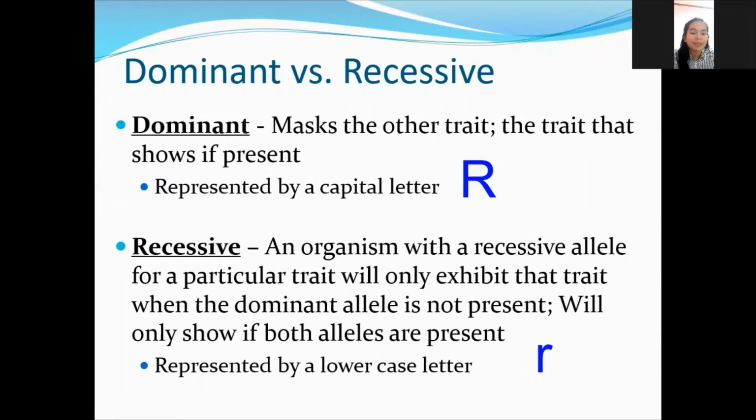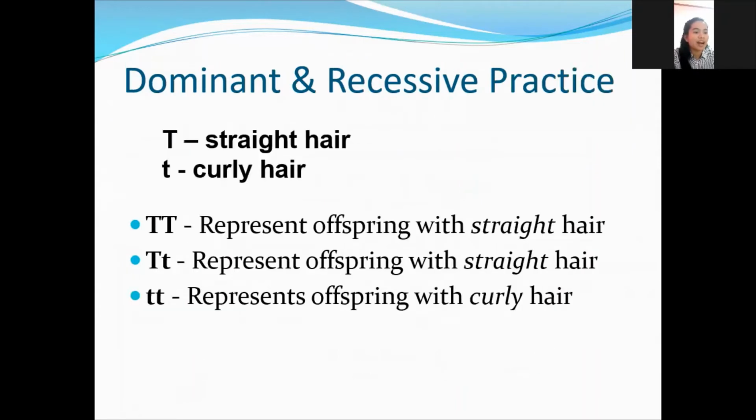So kung wala naman ang dominant allele, halimbawa, both are small letter R, it means if both are small letter R, that is a recessive trait and will only show if both alleles are present. So represented by a lowercase letter. Okay, yan, small letter R.